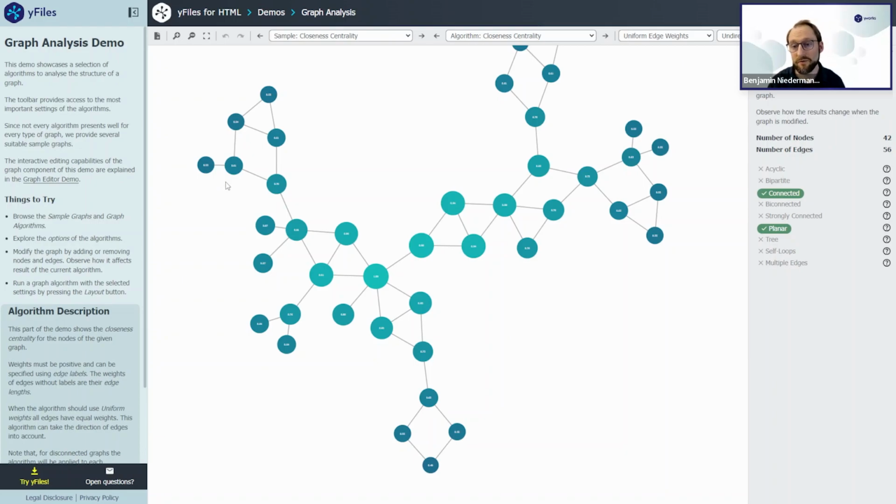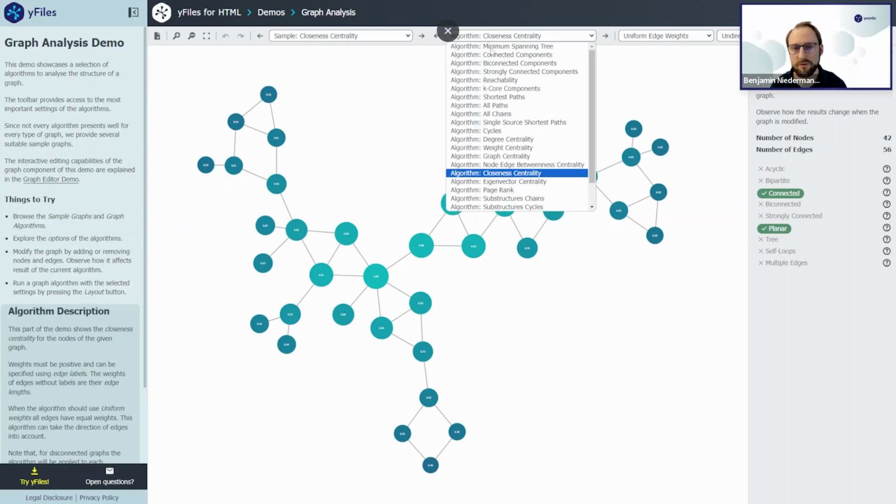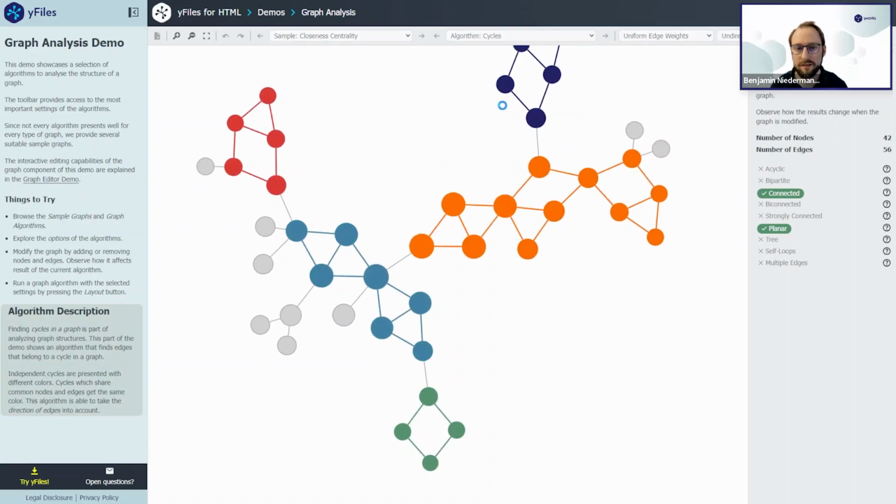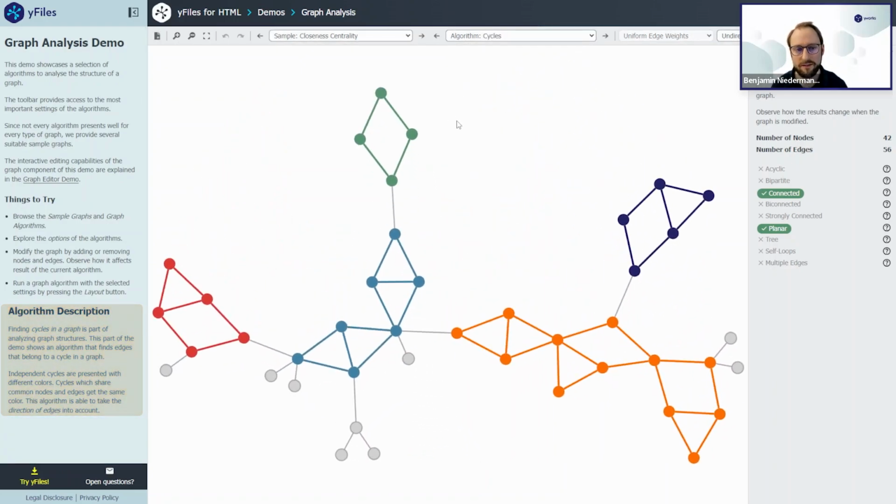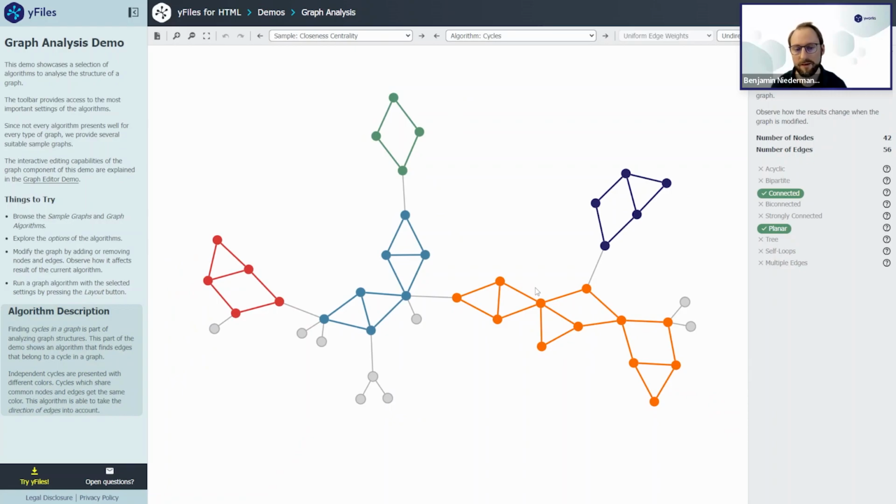And then what you could also do is count how many central nodes you have and how many nodes are not that central. And this also gives you an idea of how your data looks in this graph structure, and you can interpret this. You can just go through these algorithms and play around a little bit with this. So here I just apply the cycles algorithm, finding cycles in this graph.